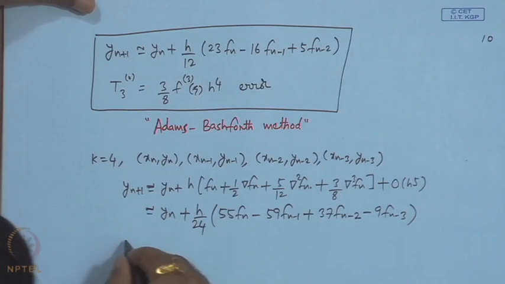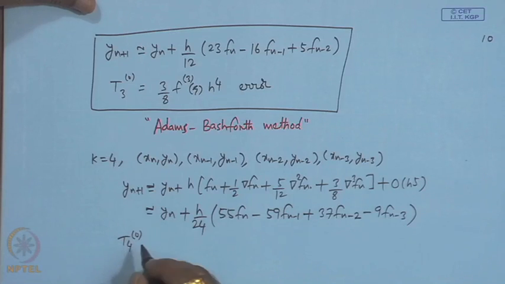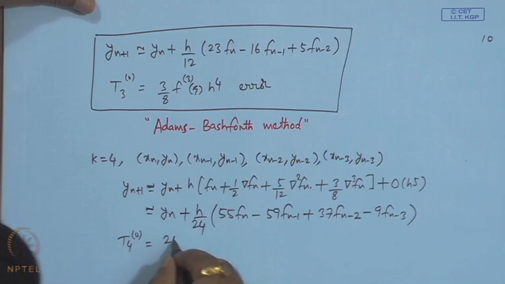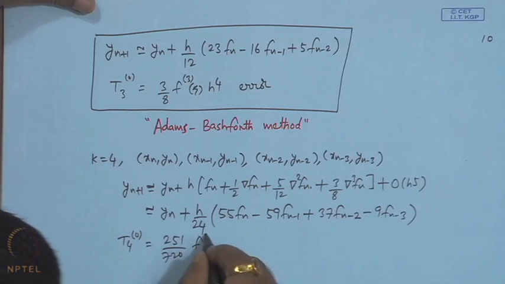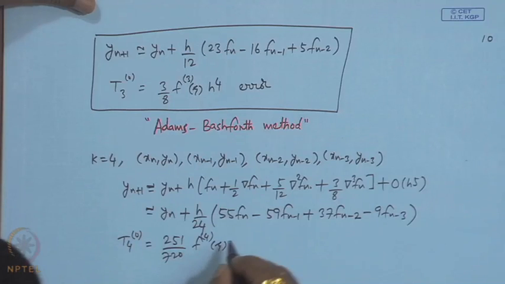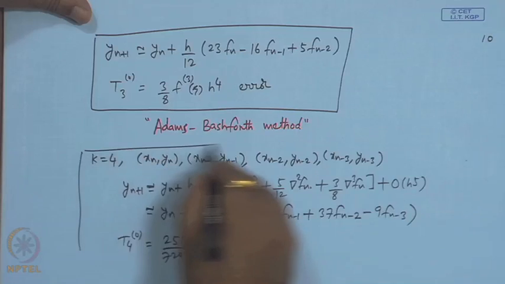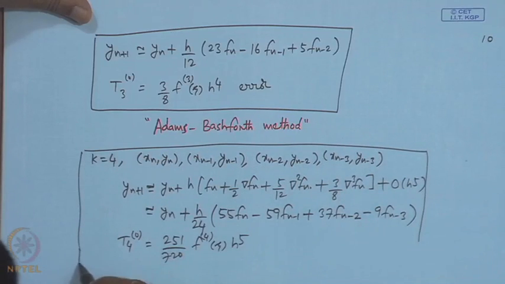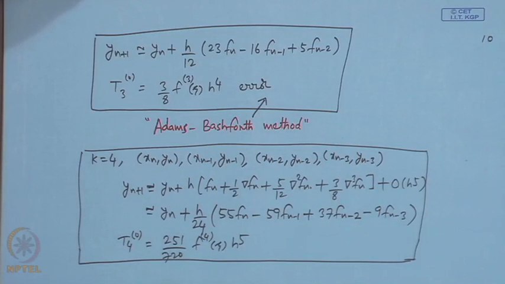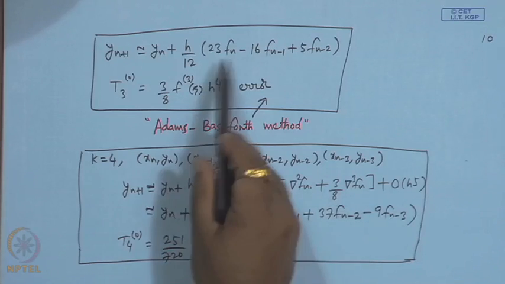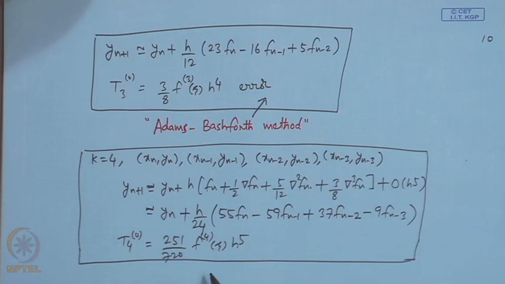And the error... So, this is another method. This is the Adams-Bashforth method. If we use more points, we get the corresponding method. Look at that, the coefficients are completely different. So, you keep on using more past points and then you will get different methods.